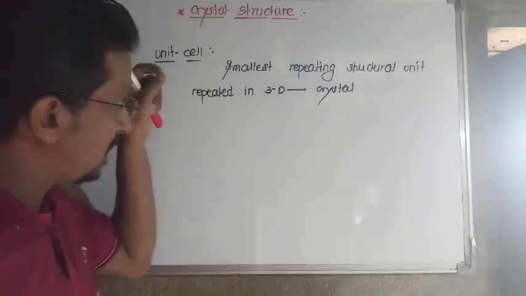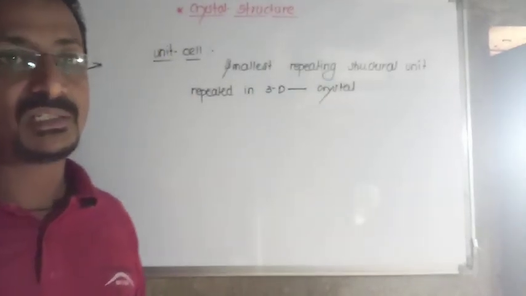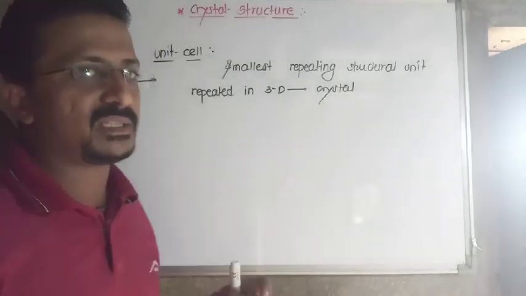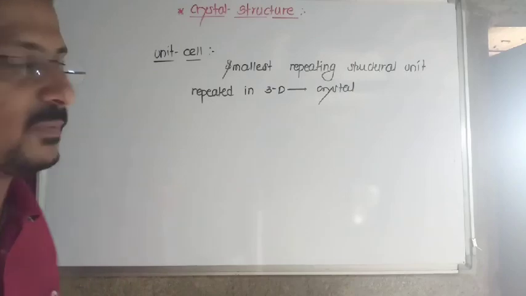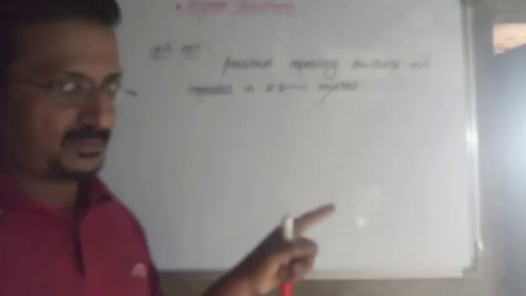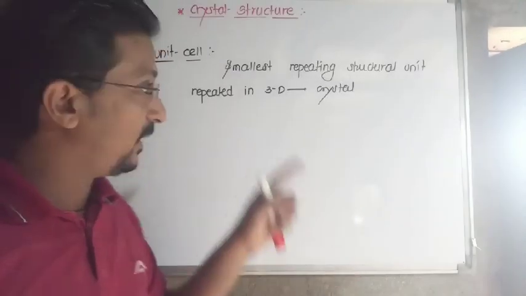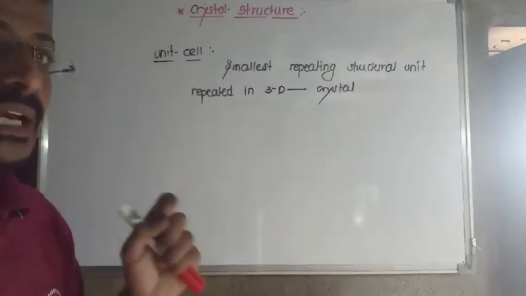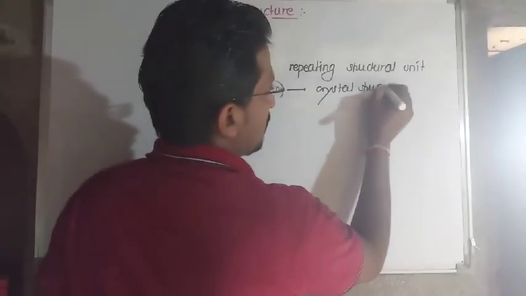The smallest repeating structural unit of a crystal we call a unit cell. So when this unit cell is repeated in three dimensions, it results in the formation of the whole crystal structure.